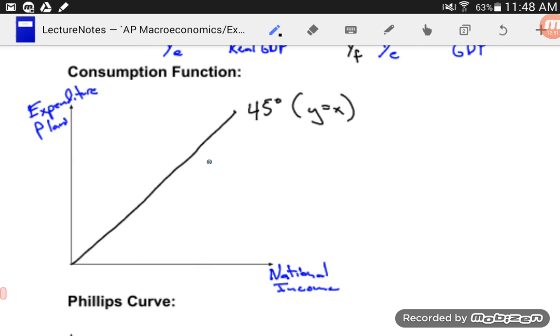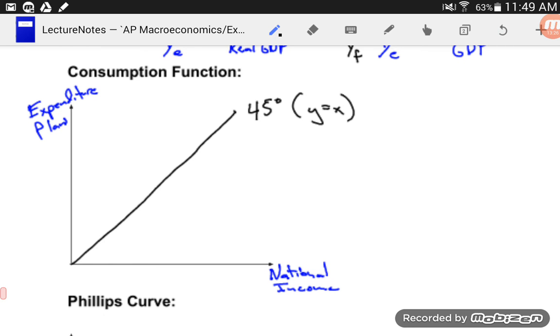If we were at some point on this side of it, that would mean our expenditure plan is lower than our income. So if our expenditure is lower than our income, that means we are saving money. And if we're on this side of the line, that means our expenditure is a lot higher than our income, and so at that point we are borrowing.